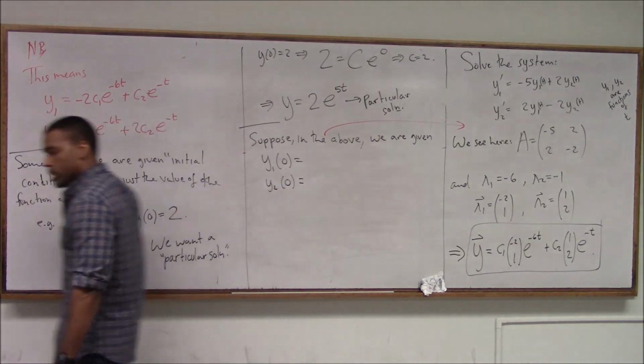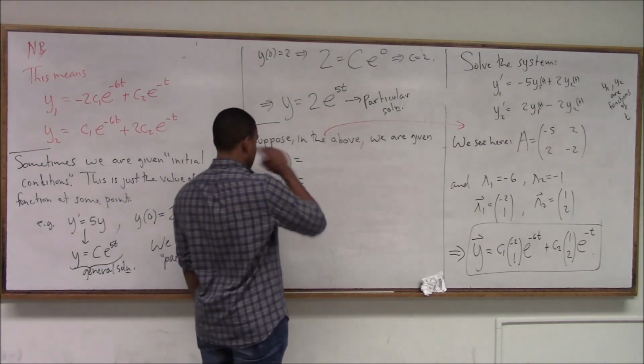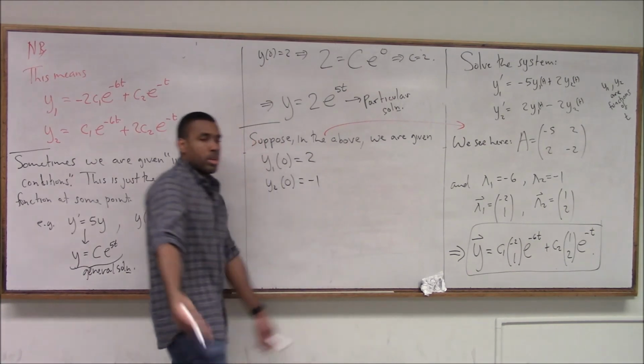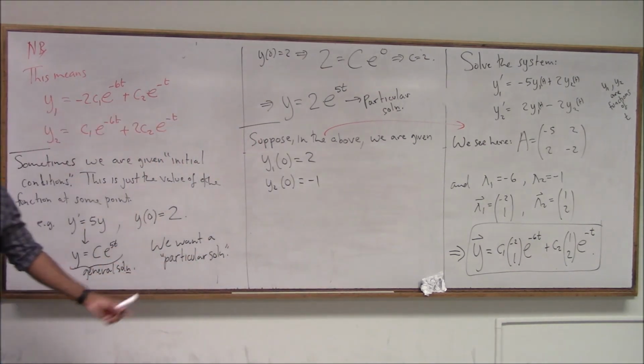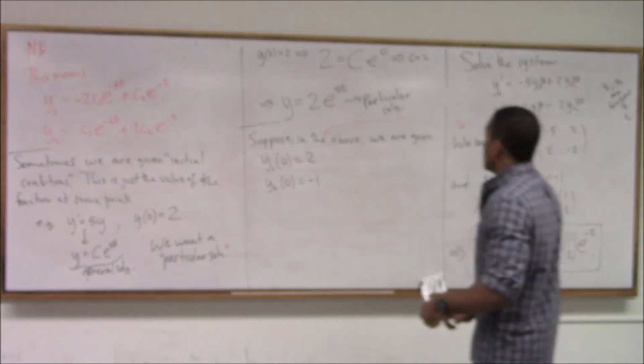So I told you 2 initial values for these guys. Let me just make something up. Let's say this was 2, minus 1. It's going to have a solution because the determinant of the coefficient matrix wasn't 0. So hopefully it's not too bad.